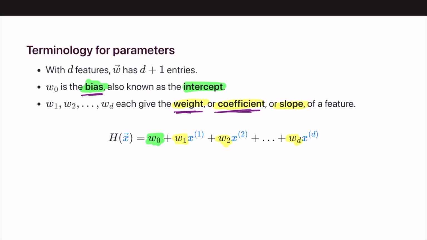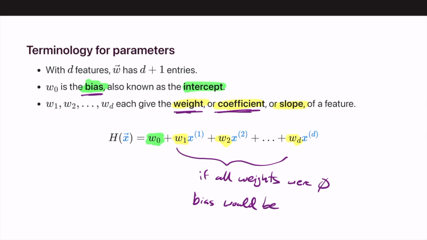Well, it's because, well, one, if all of our weights were 0, and these all went to 0, then the bias would be our prediction, right? Because this can't go to 0. So the bias gives us a way of at least making a prediction. If the y-intercept was 0 for some reason, then we would just predict 0.